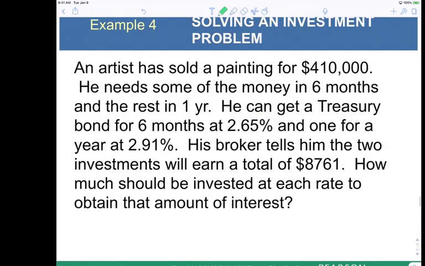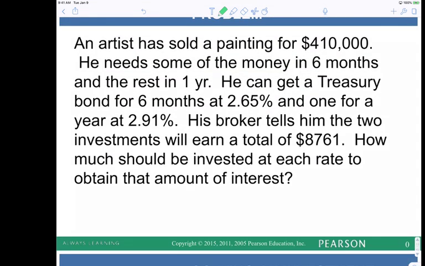Okay. So now we're going to say that I equals PRT because we are still doing simple interest. But he wants to divvy up this money into two accounts, right? So we want the interest earned on account 1 plus the interest earned on account 2 to equal the total interest.